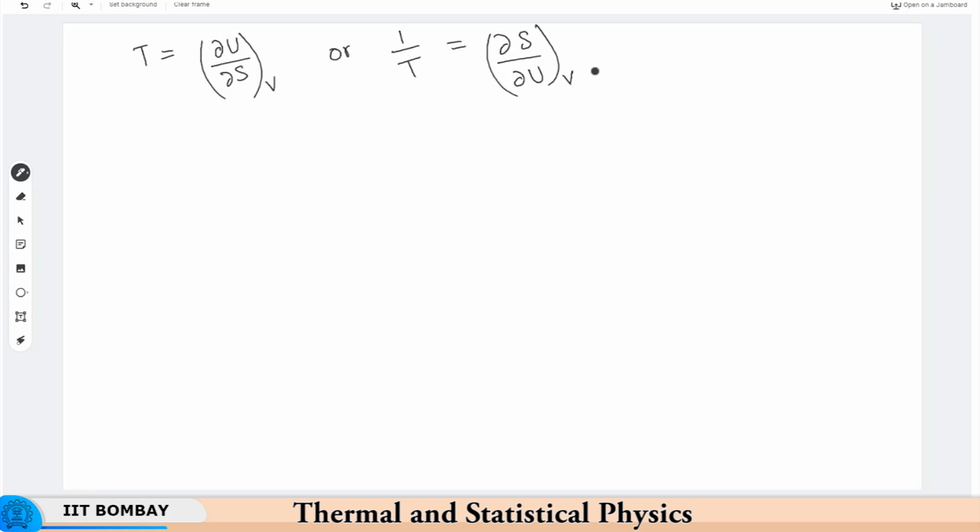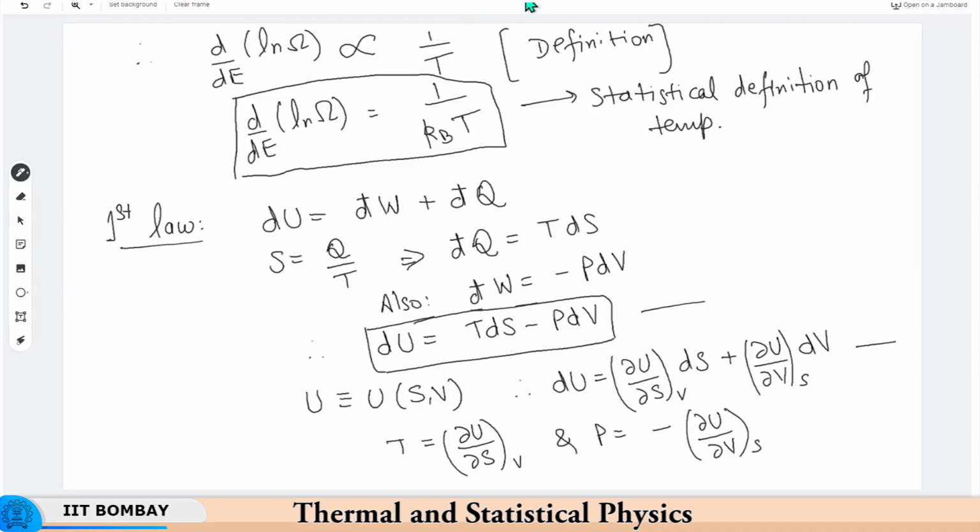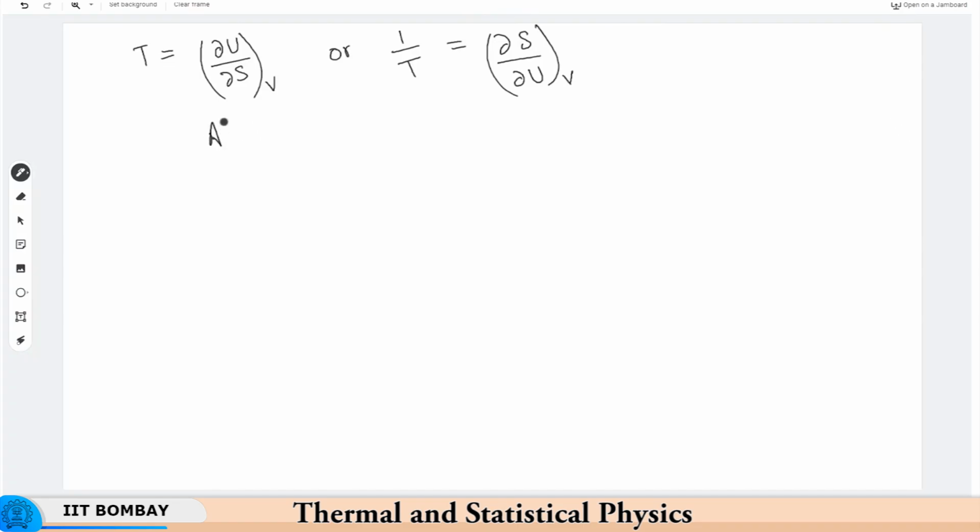But also from the statistical definition of temperature, what is inverse T? That is Kb times d by dE of log omega. Also 1 by T equals Kb times d by dE of log omega.